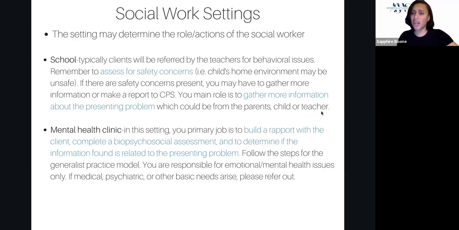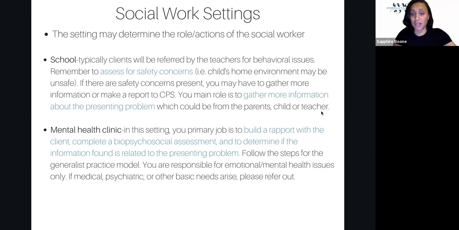But in general, a school social worker is going to gather information. And gathering information, of course, just in general, can come in various forms. You can gather information by a conversation. You may have a conversation with the student, with the parents or family members, with the teacher, with the school administration, just depending on who all the players in the scenario are.